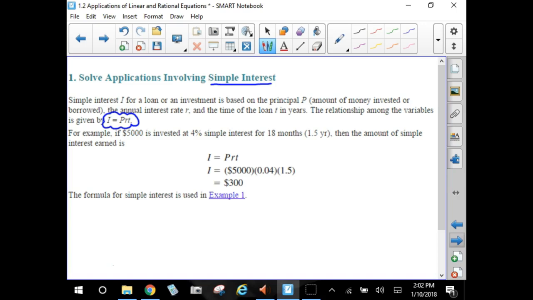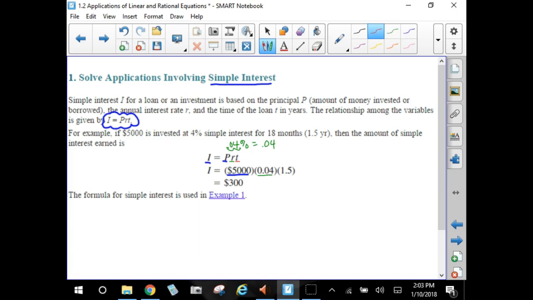So in our example below, the interest income earned is equal to the amount invested, that is the $5,000, times the interest rate. 4% is equivalent to, in decimal form, 0.04, times the time.